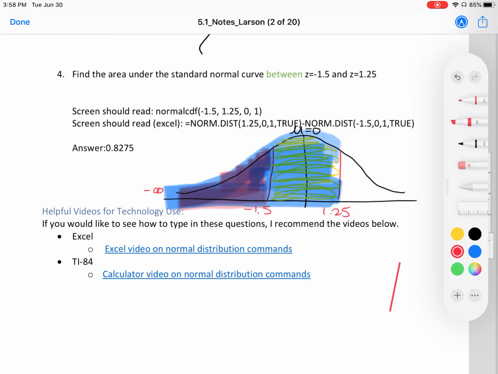And left over, we'll have our desired area in the middle. So if you want the area between, you want to start with your larger area minus your smaller area, and that will give you that middle portion.